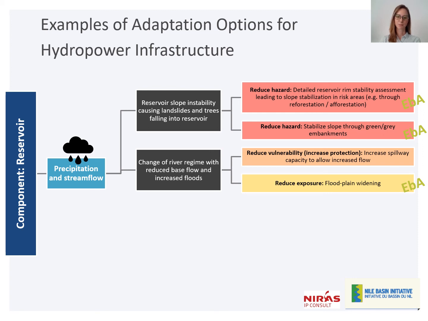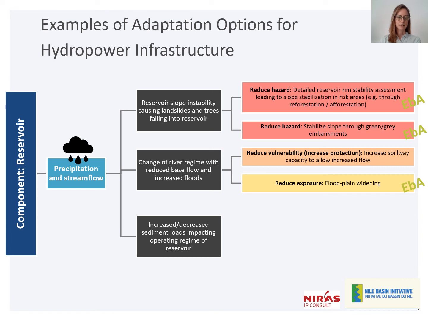ecosystem-based adaptation. Lastly, another climate impact that could happen as a result of changes in precipitation and stream flow could be increased or decreased sediment loads impacting operating regimes of the reservoir. So take a moment to think about what kind of adaptation measures might reduce the climate risk here. You can pause the video.